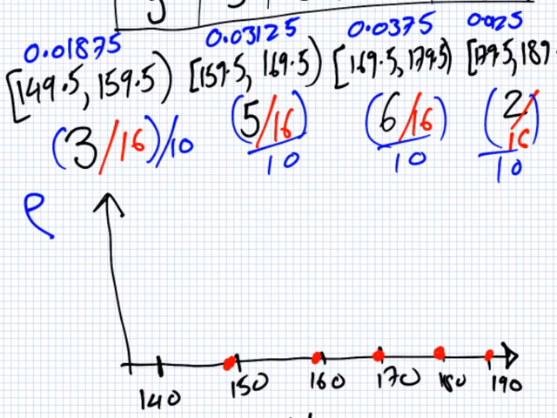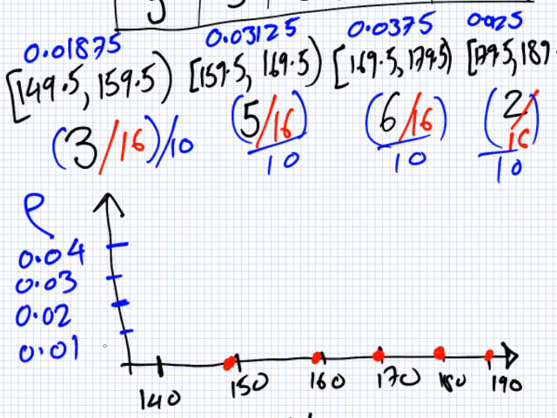So what is the biggest height there? 0.0375. So what I'll do is I'll go up to 0.04, and here will be 0.02, this one will be 0.03, and this one here will be 0.01. So how big is the first one? To about here. And then the next one? It'll be up higher.